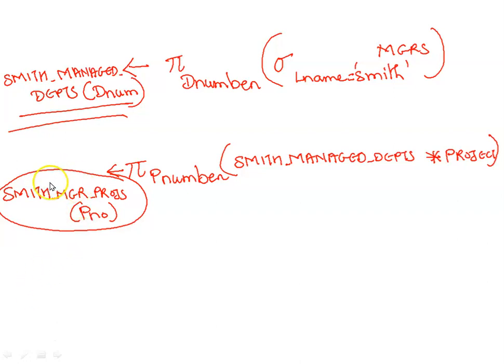So I take this table union with the previous table which had the list of those project numbers where Smith worked as a worker. That's it. Okay. So my final query would be Smith worker projects union Smith manager projects.